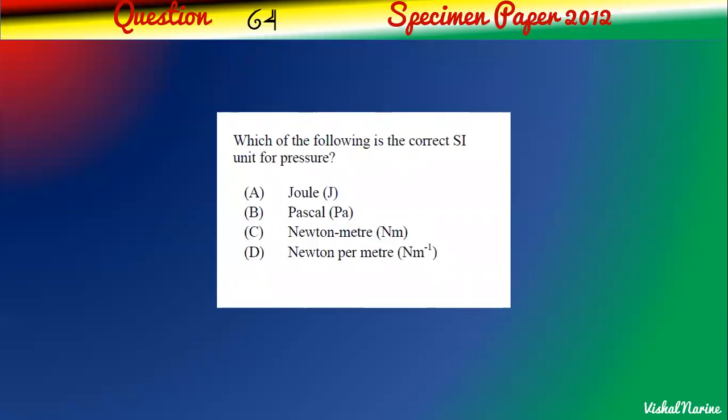64, which is the correct SI unit for pressure? There are some persons who are not responding anymore. Just ensure that you're sending in your answers.